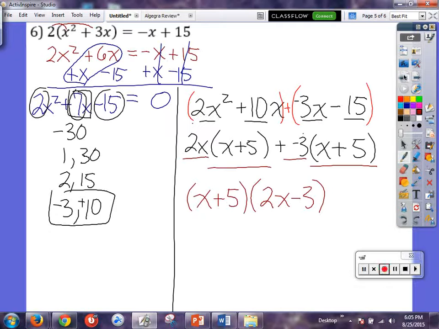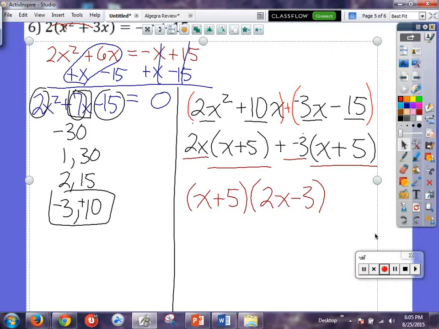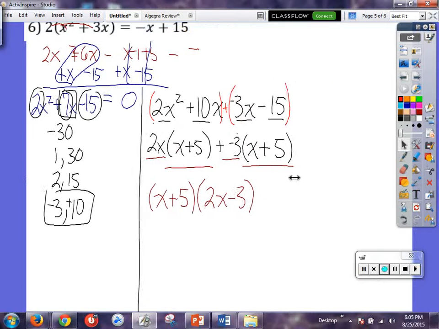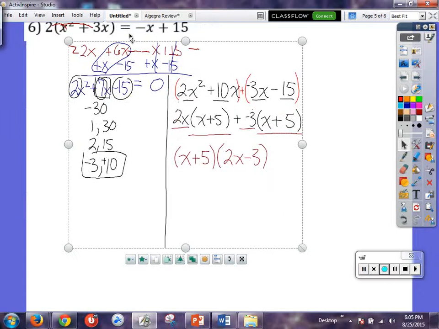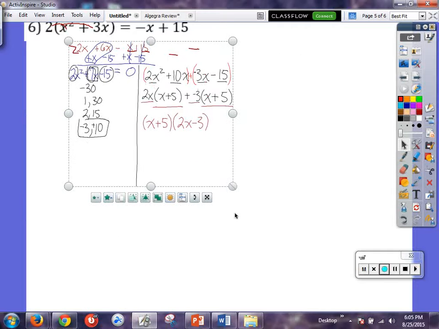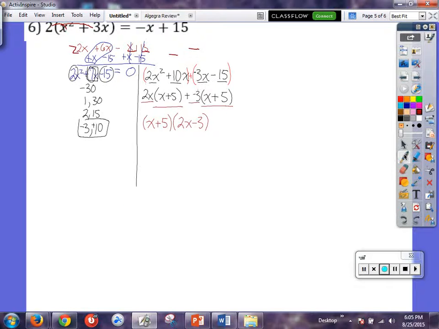Copy the whole thing. Okay, what I'm trying to show you here is this last step. Right here. How do we get from here to here? Okay, so I'm going to show you a different example.